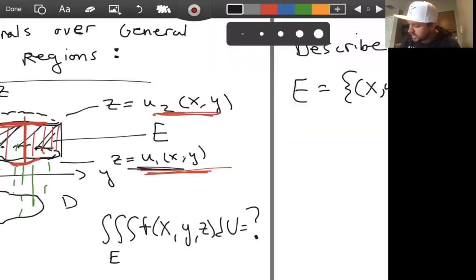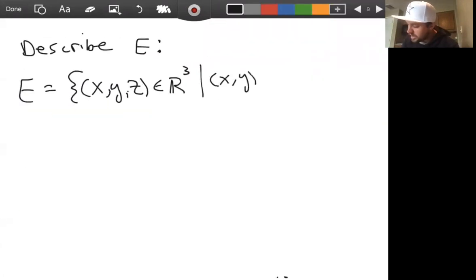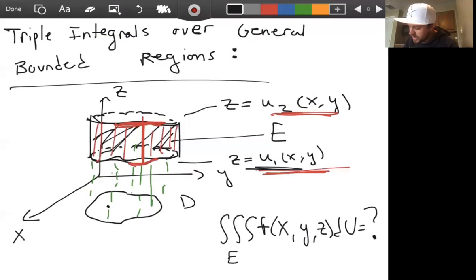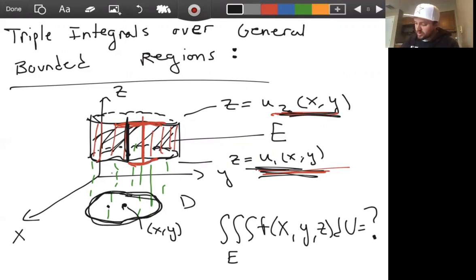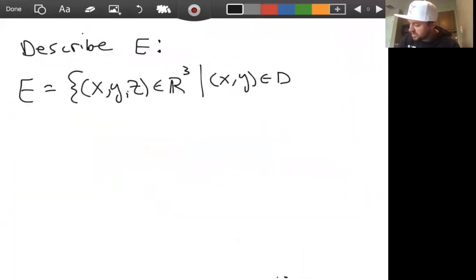And because of that, we're looking at points x, y that are in our domain D. We're picking points x, y in our domain, and then we're lifting them, and the z coordinate corresponding to this x and y point can be anywhere between u1 of xy and u2 of xy. So x and y are restricted to be in this region D, and then our z value is restricted to be between these two surfaces. And so that's exactly what we have: x, y is in D, and then z is between u1 and u2.